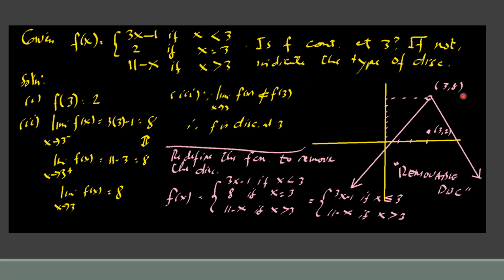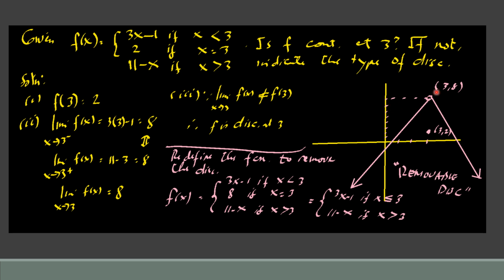Now let us draw the graph of the function. So for x less than 3, it is the line 3x minus 1. And for x greater than 3, it is the line 11 minus x. Observe that in both intervals, x less than 3 and x greater than 3, 3 is not included.